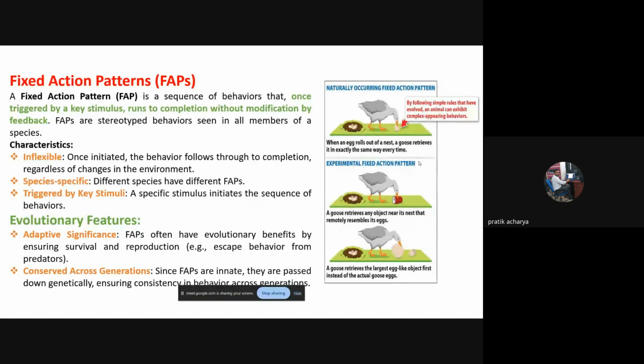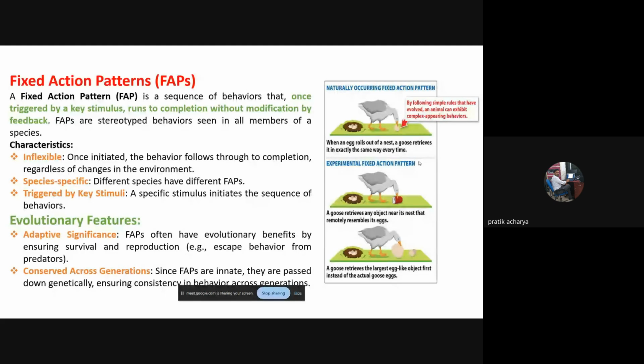Not directly, they start rolling the egg in a backward direction and they put the egg in the same manner into the nest. That kind of pattern is known as fixed action pattern.